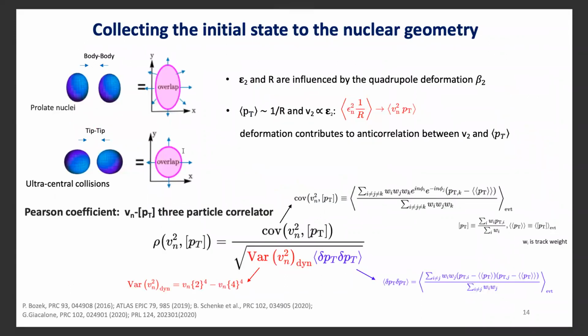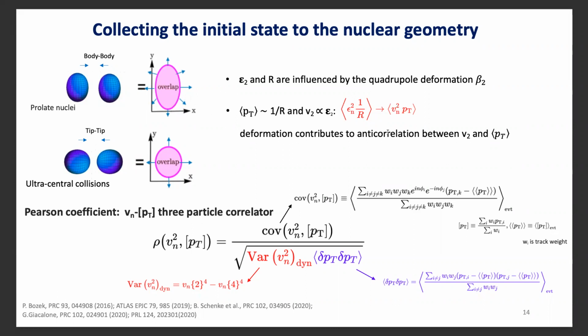And here we can combine two pictures. We can use v2 flow, and we can use mean pT, and we can calculate the correlation between them. This is an example for uranium nuclei. In the central region, you have body-body and tip-tip collisions. In the body-body collision, the overlap region is large, so it means there's a smaller mean pT, but the shape is more elliptic, so there's a large epsilon2.